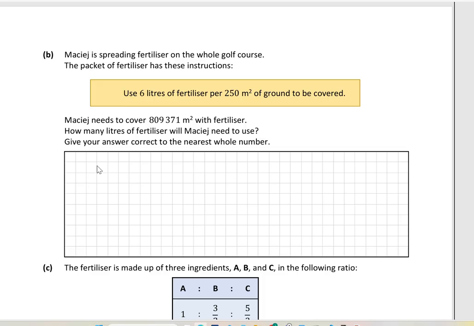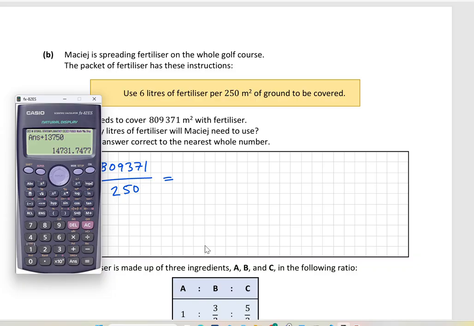So let's divide this number by 250 to find out how many 6 liters does he need. So let's do that number there. So that's 809,371 divided by 250.